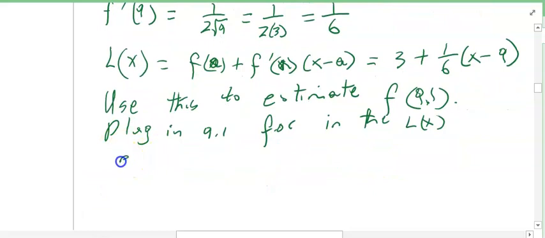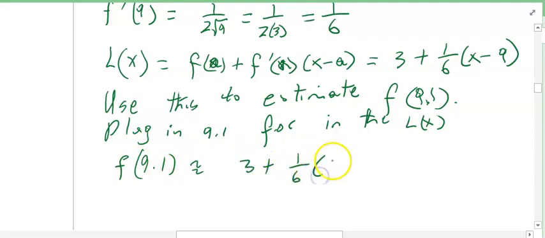So our approximation for f of 9.1 will be 3 plus 1 over 6 times 9.1 minus 9, which is 0.1.